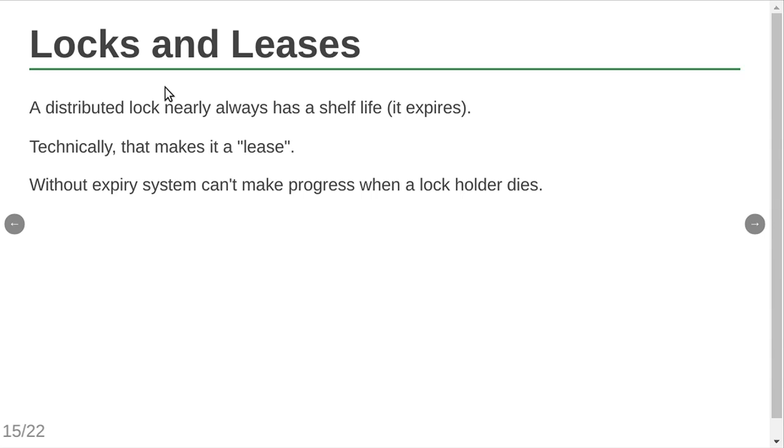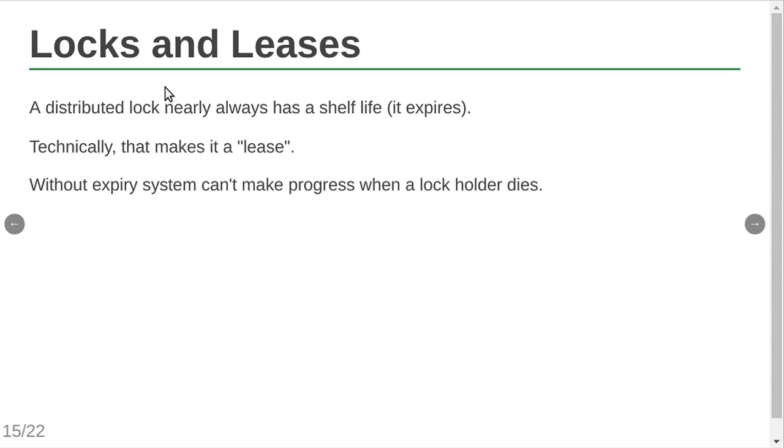One of them is that a distributed lock nearly always expires. It would just be stupid to implement it any other way. Okay? So technically that makes it a lease rather than a lock. I can have it for a period of time, but I can't have it forever. And the reason you have to do that is because it's a distributed system.